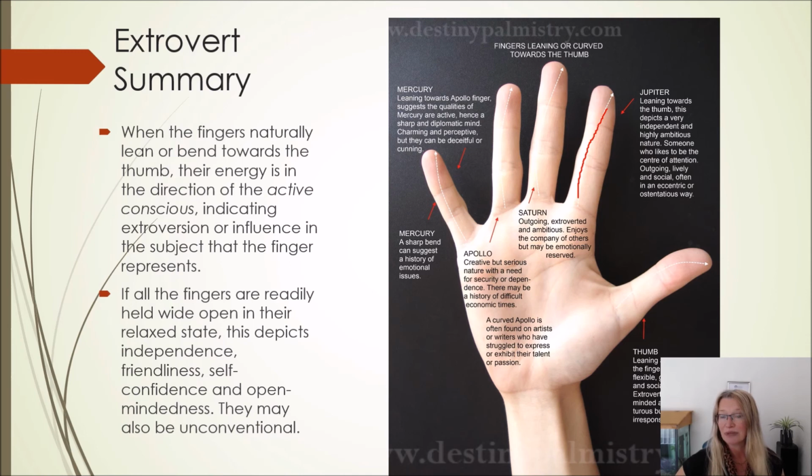Someone who likes to be in the center of attention. Outgoing, lively, social, often an eccentric or ostentatious type personality. Loud, in other words. And the more the thumb leans away from the hand, the more extroverted and open-minded the person is as well.